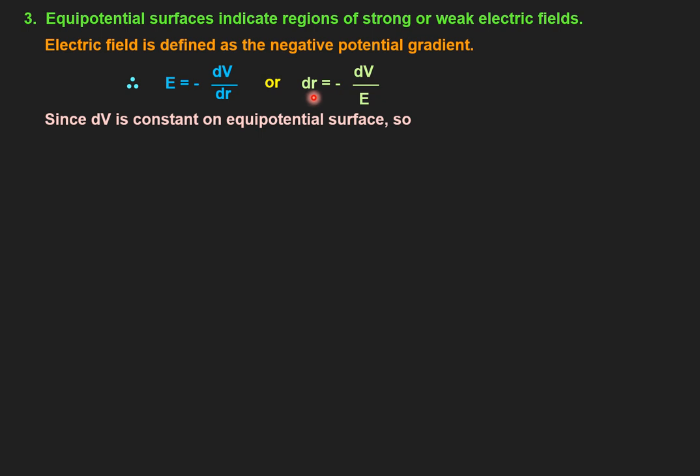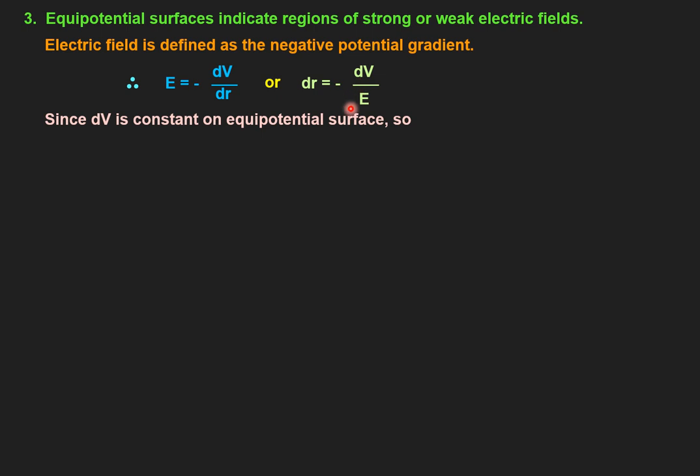Since the numerator is constant, numerically the separation between successive equipotential surfaces is inversely proportional to the electric field.